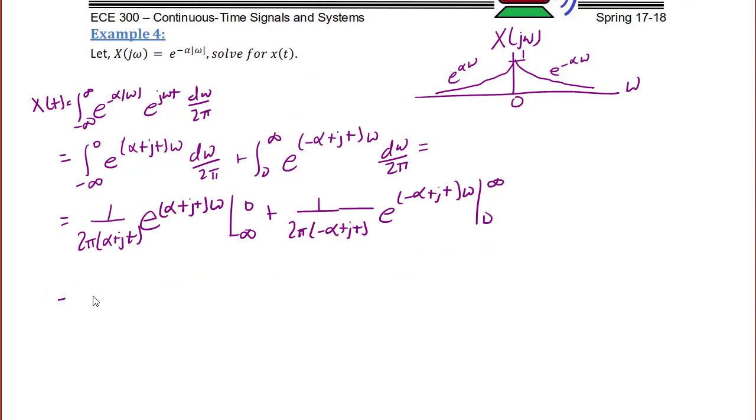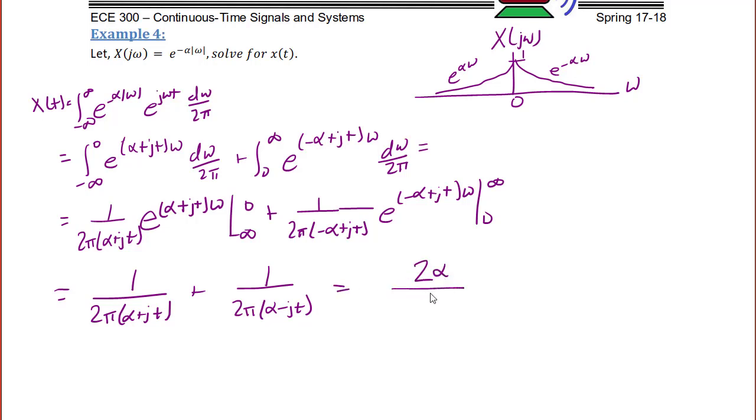which equals 1 over 2 pi times (alpha plus jt) plus 1 over 2 pi times (alpha minus jt), which equals, after simplification, 2 alpha over 2 pi times (alpha squared plus t squared), which equals alpha over pi divided by alpha squared plus t squared.